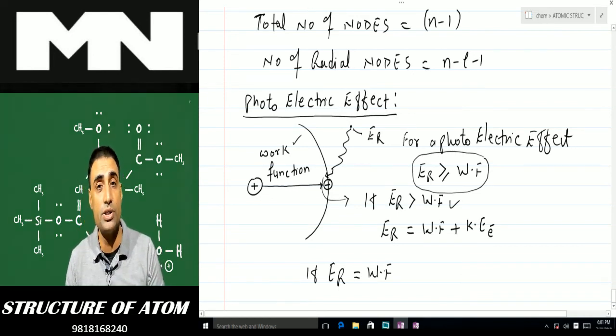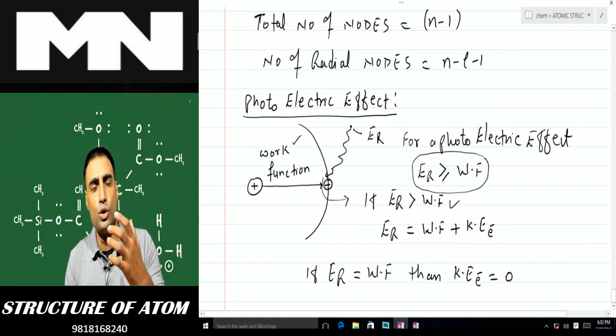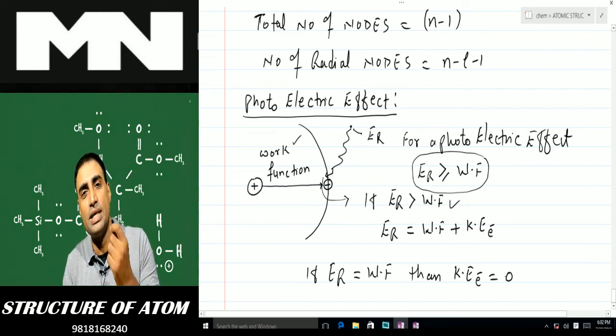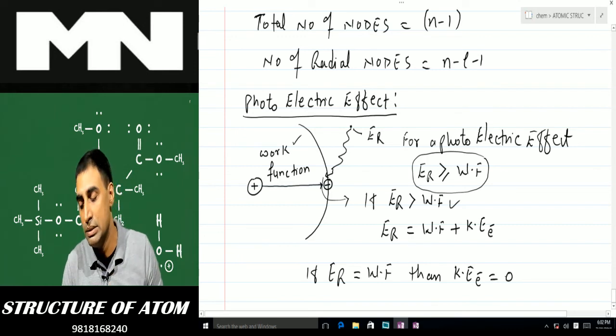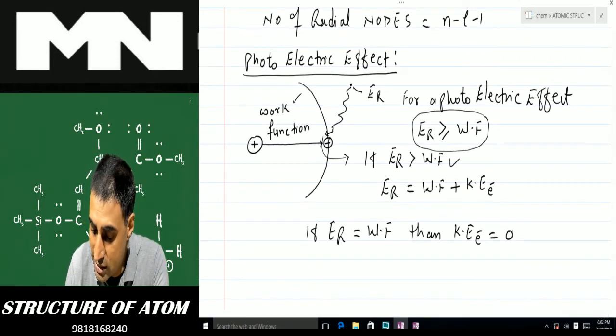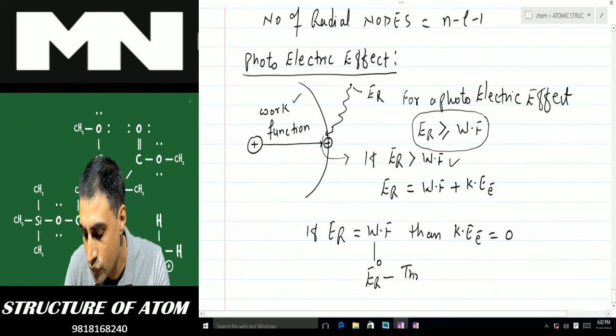In that case, the kinetic energy of the outgoing electron is 0. 10 kilojoule is the work function and 10 kilojoule is the energy of the radiation, so the radiation provides sufficient energy for the electron to just leave its shell, and we consider the kinetic energy to be 0. If the energy of radiation is just equal to work function, we mark it as ER0 and we call it threshold energy.